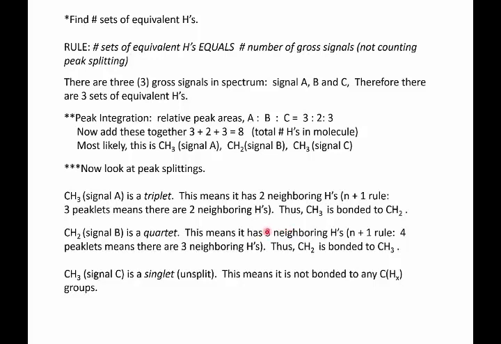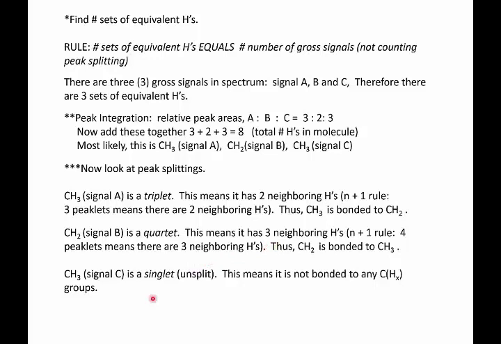Again, remember that the number of peaklets is 1 more than the number of neighbors. If we've got 4 peaklets, there's going to be 3 neighbors. So our CH2 must be bonded to a CH3. Now we've already discussed this. CH3, the signal C, is off by itself. It's not bonded to any carbons with neighboring hydrogens.